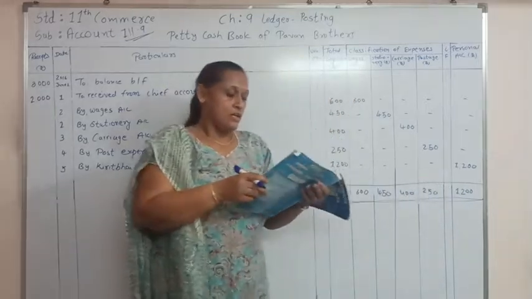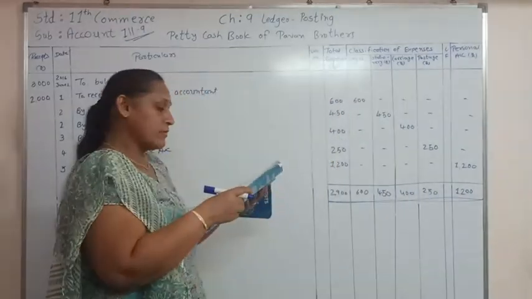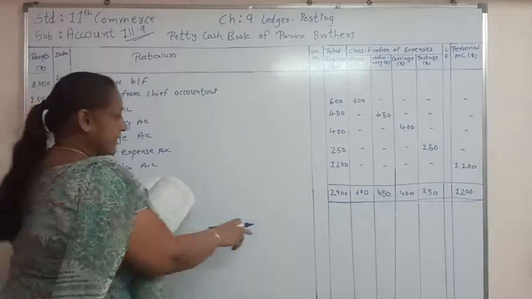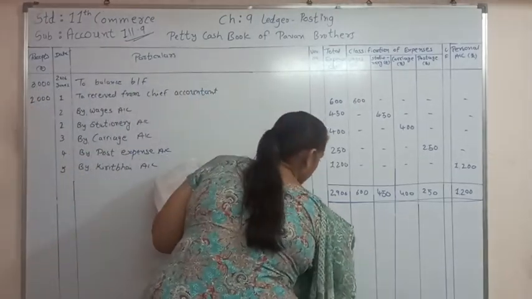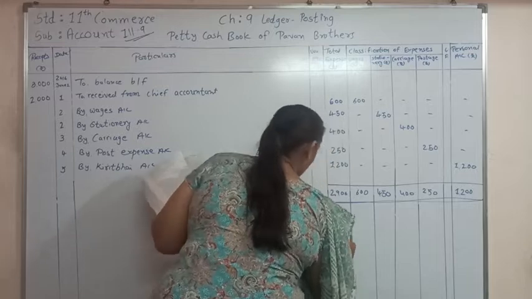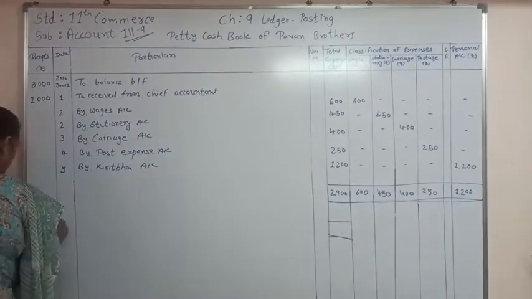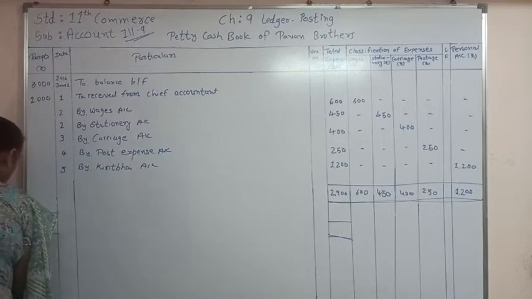Now let's try to find out the balance of the cash. So for that, leaving one line in between, let's make the total of both sides. The total of the receipt side is more. That we will write, 5000 here.